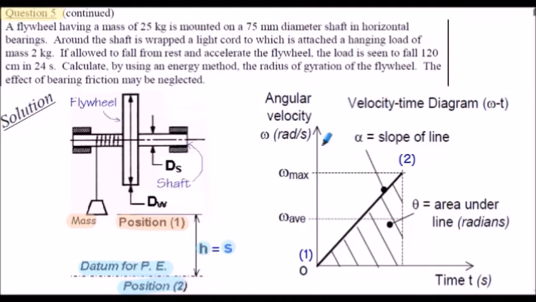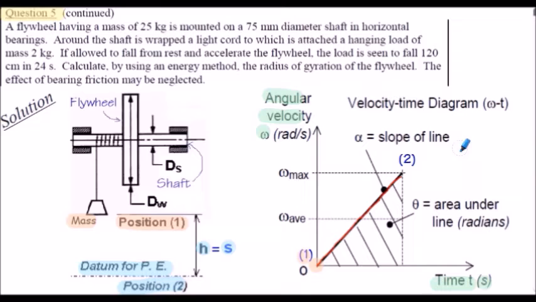On the right hand side we've got an angular velocity omega time diagram, times in seconds here, and again it's showing the two positions. Position 1 here, as the hanger mass moves from position 1 to position 2, the flywheel begins to increase its angular velocity, producing this linear line.